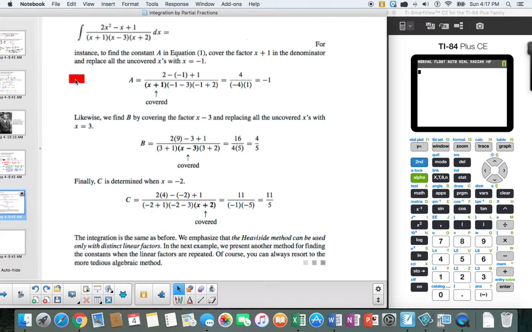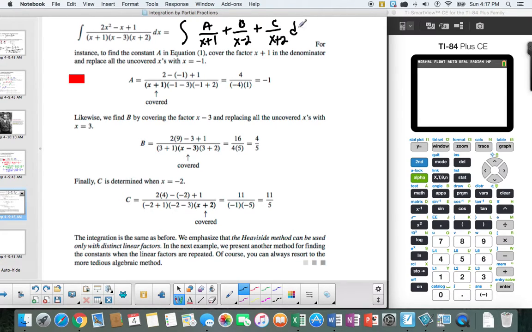We know it's going to be an integral, and it's going to be A over x plus 1 plus B over x minus 2 plus C over x plus 2 dx.